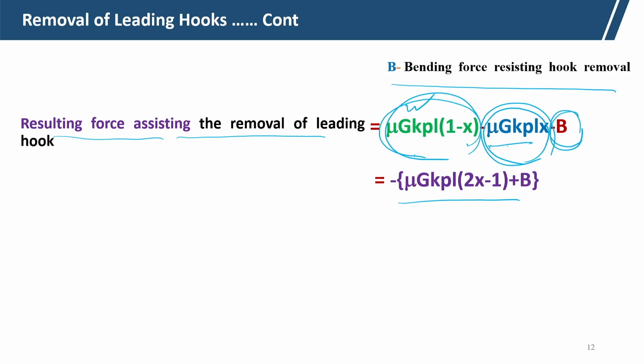So, if these two can be overcome, then only leading hooks can be removed. So, it comes out to be this minus mu g k p l multiplied by 2x minus 1 plus b. This is the relationship.